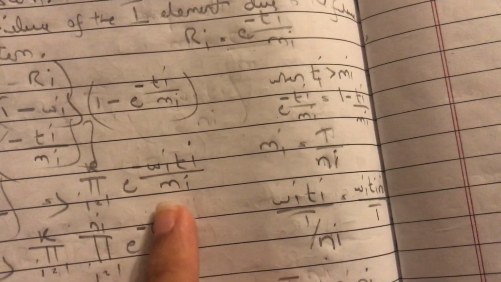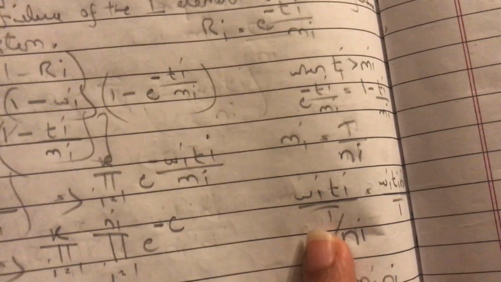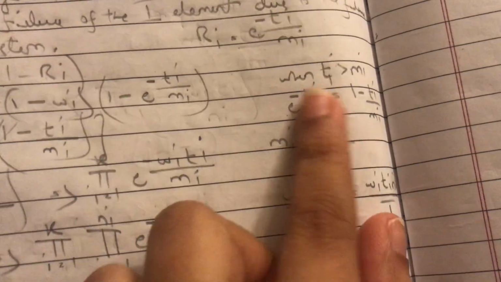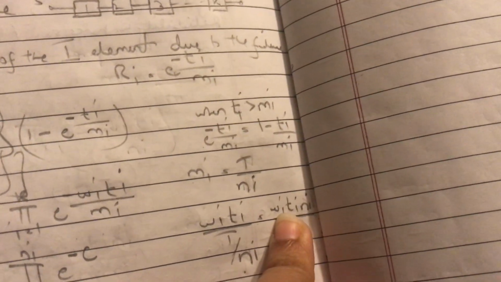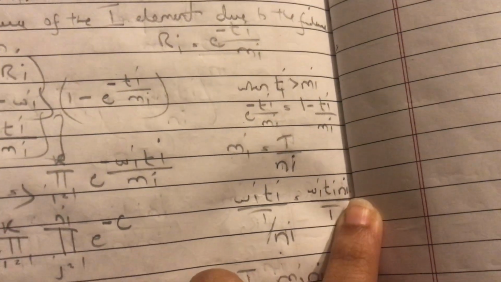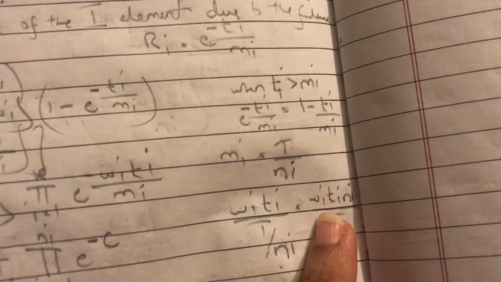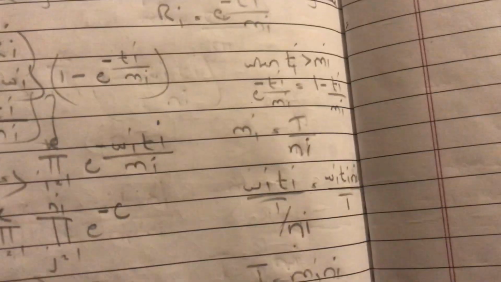What we get now is Wi Ti over Mi; in the replacement of Mi, we keep T over Ni. So we get Wi Ti times Ni over T. I hope it's clear to you. I'm obviously reading it for you: Wi Ti Ni over T.